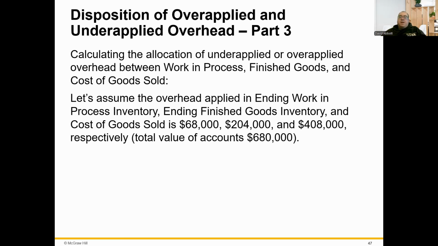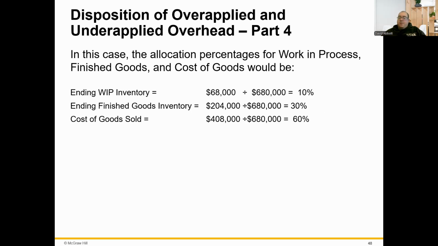So we would be calculating, assume that the overhead applied in ending work in progress inventory, ending finished goods inventory, and cost of goods sold is 68,000, 204,000, and 408,000 respectively, for a total of 680,000.